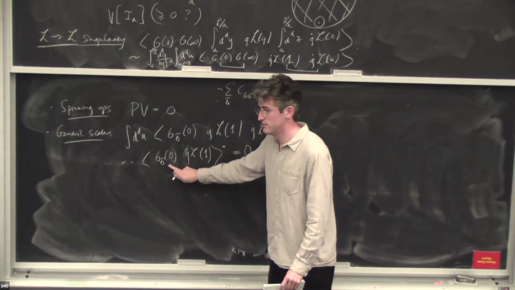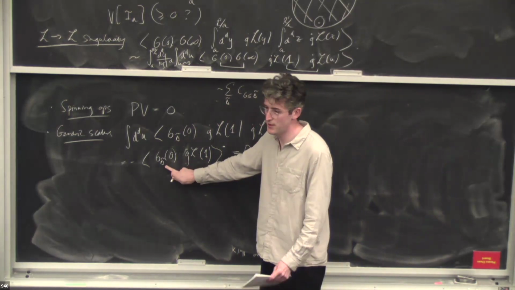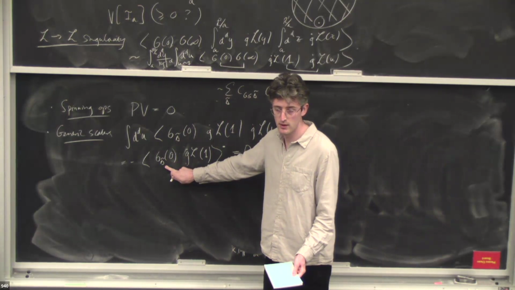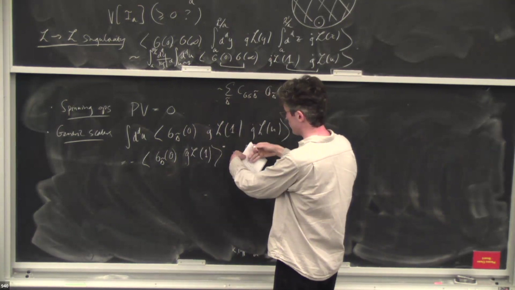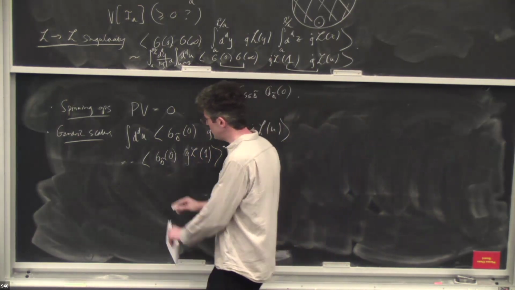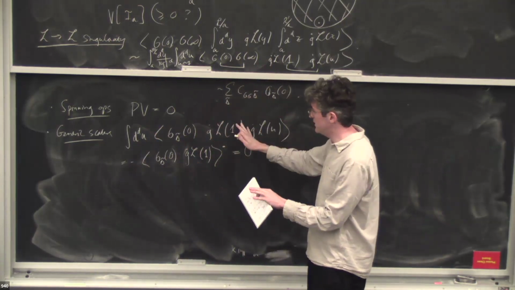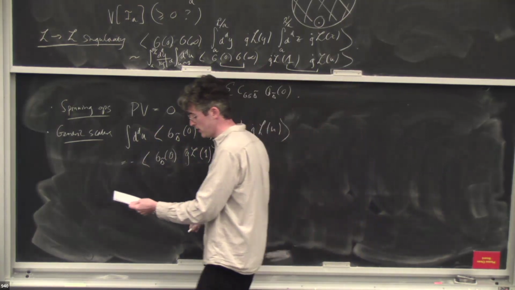These have different dimensions. This has dimension d, this has some other dimension for generic scalars. So conformal perturbation theory just tells you to throw that away. I'm being a bit quick with this, but these things just don't contribute.